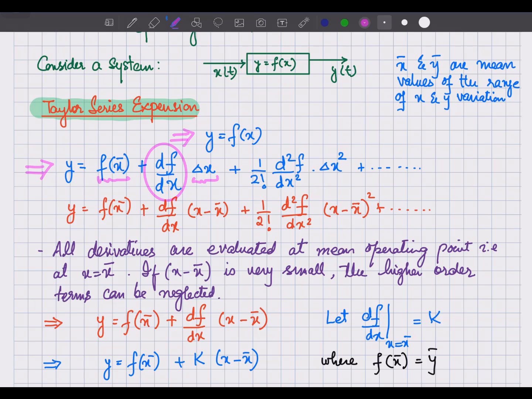Delta x represents the change in the variable, that is x minus x bar.